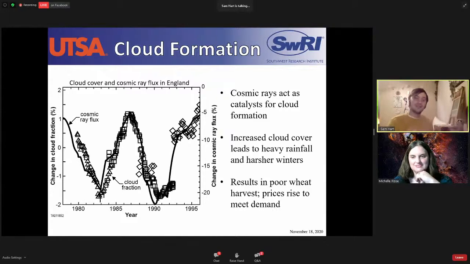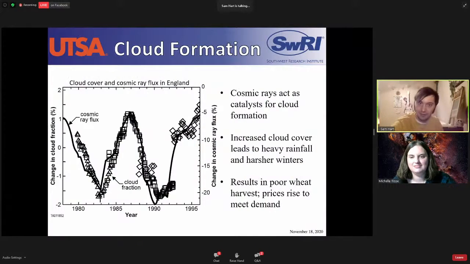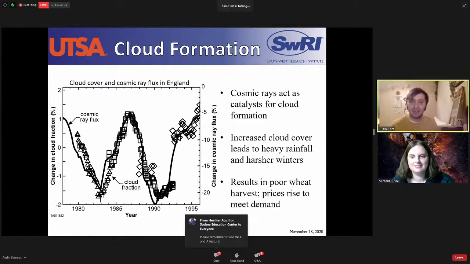And so what the cosmic rays are doing is when they cascade, like this image, they are putting so many of these dust particles into our atmosphere that it's really easy for these ice crystals to connect to them and form clouds very easily. So that is the general gist of how cosmic rays actually help aid in cloud formation.